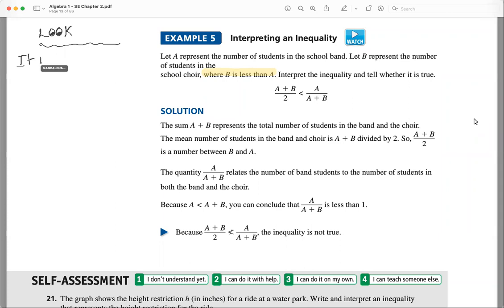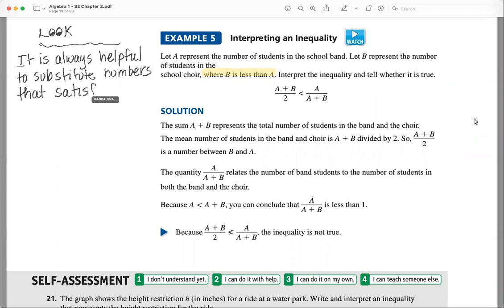It is always helpful to substitute numbers that satisfy the conditions to gain an understanding of the inequality.